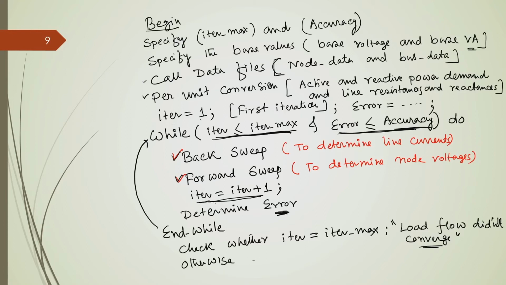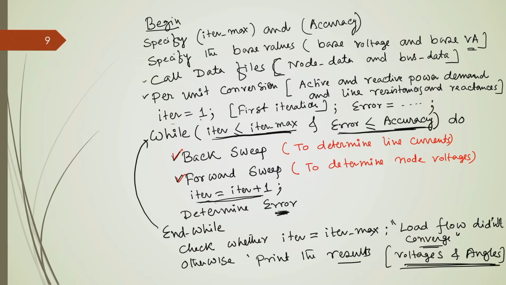Otherwise, you print the result, particularly the node voltages and angles. Okay. So, this will give you the actual values of the node voltages and the actual values of node angles. So, this is how this pseudocode works.